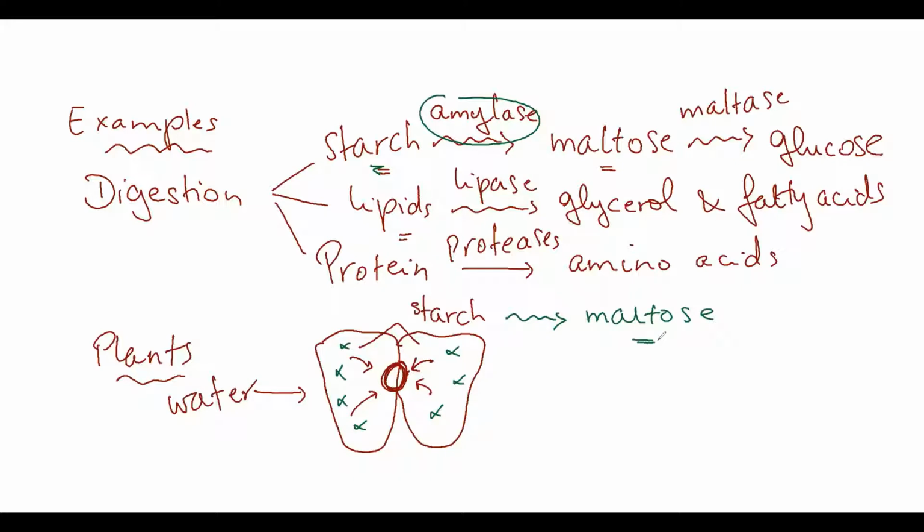Okay, I want to ask a question. Why did the embryo not feed on starch directly? Why does it have to wait till the starch changes into maltose? Can anyone give me a hint? What do you suggest? Why did the embryo not feed on starch as it is found already?